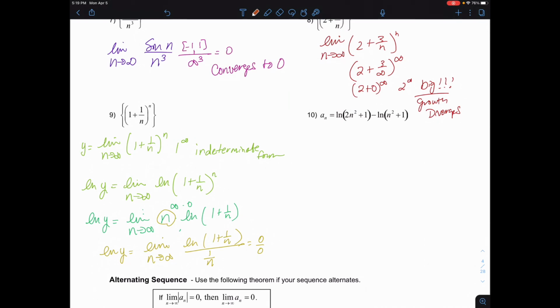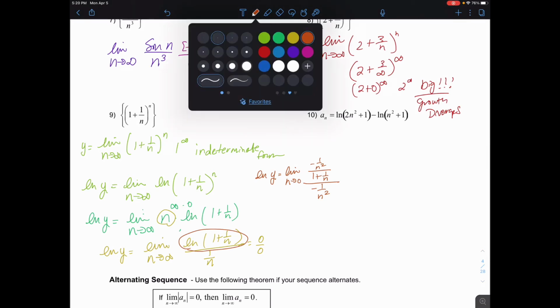I'm going to do the derivative of the numerator, which is 1 over all of that stuff, so I'm going to put that stuff on the bottom, and then the derivative of 1 plus 1 over n, which is -1 over n squared. So there's the derivative of ln, and now we need the derivative of the denominator. The derivative of 1 over n is -1 over n squared.